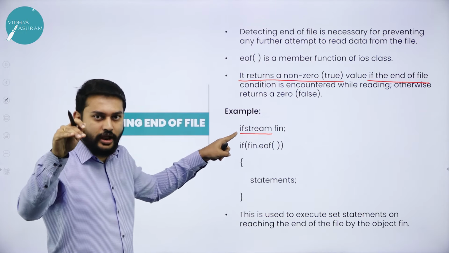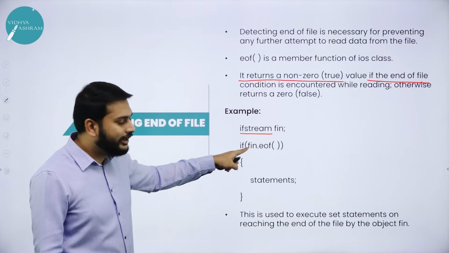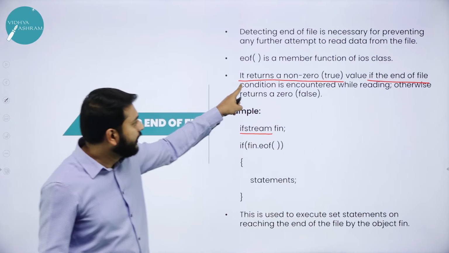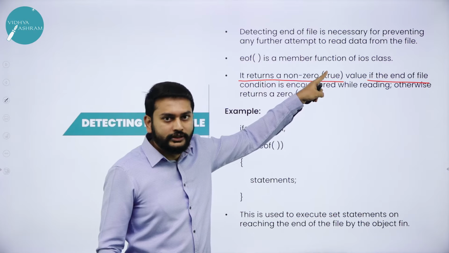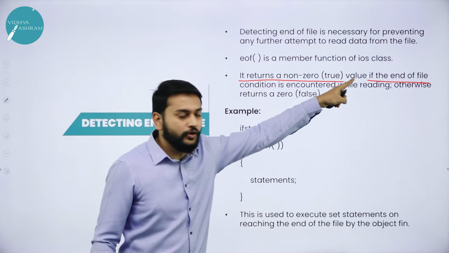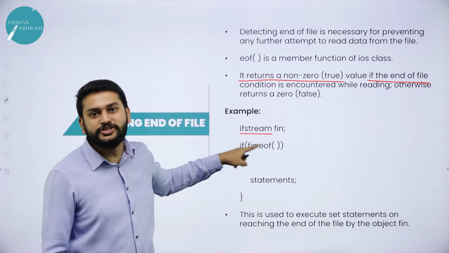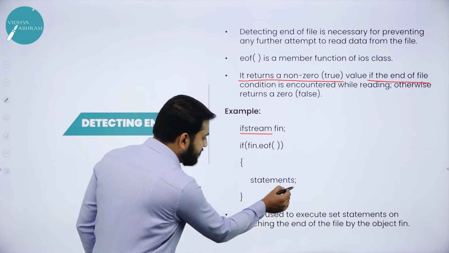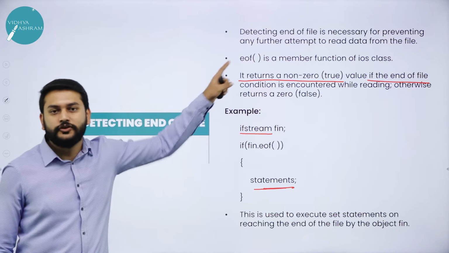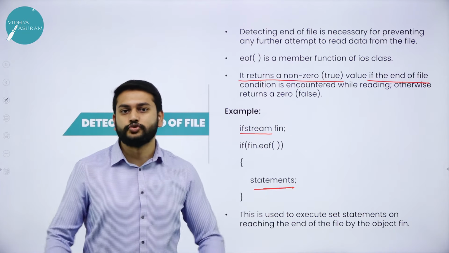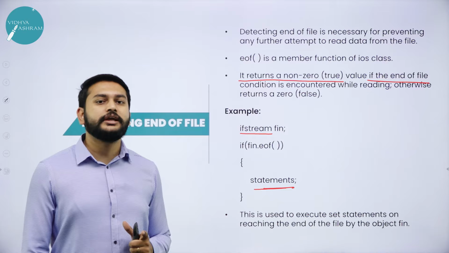Listen carefully: it returns true if the end of the file condition is encountered. If this is true, it will execute these statements. If this is false, it will not execute these statements, is what I would like to tell you in short.